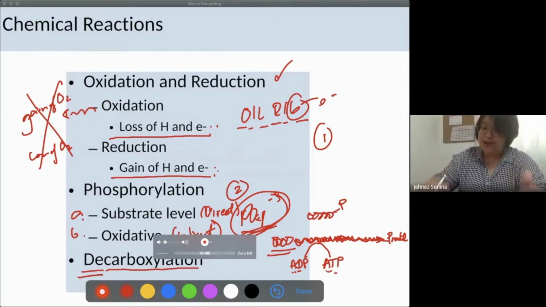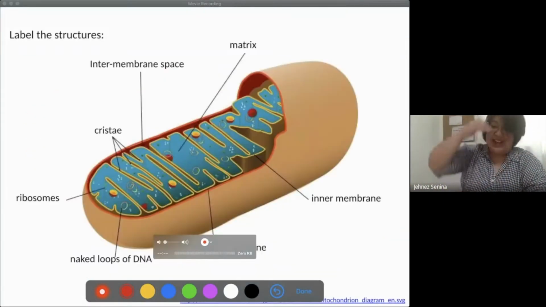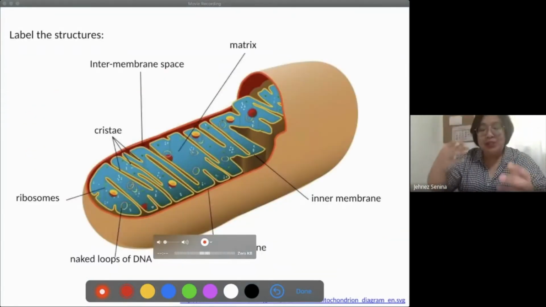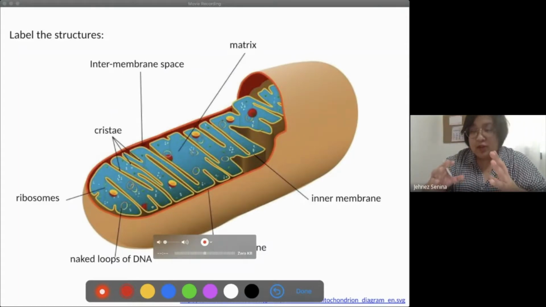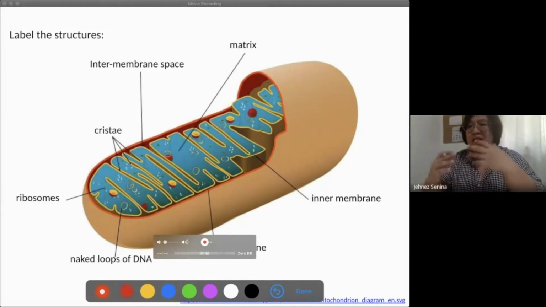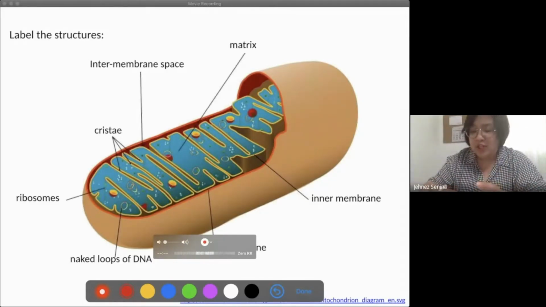Getting there. Before we proceed to the steps, let's look at the structure of the mitochondria first. Almost all of cellular respiration happens in the mitochondria except for glycolysis.